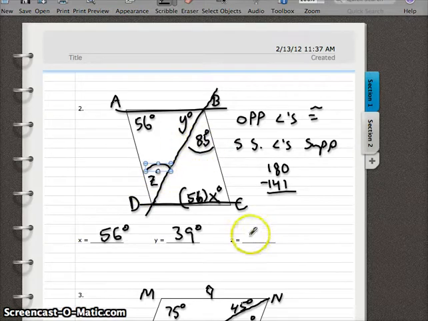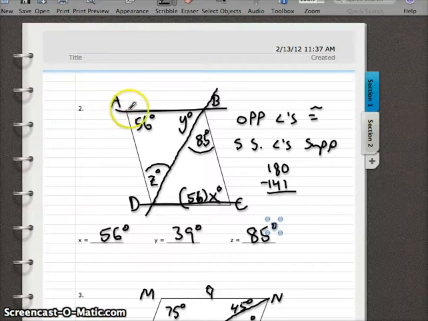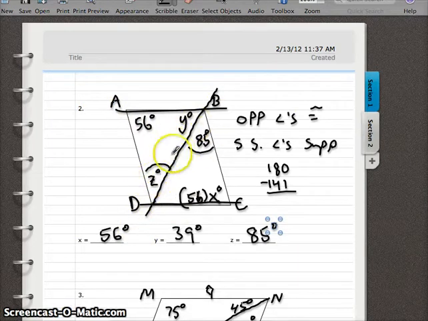So Z must be 85 degrees. And we know that Y was 39, so that must be 39 right here. And we could check our work, make sure all our sides are adding up to 180. So that was a little tricky to get, but if you remember the rule that parallel lines cut by a transversal create congruent alternate interior angles, then it makes it really easy.